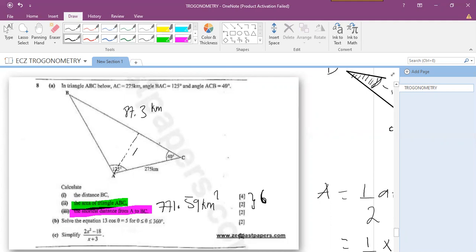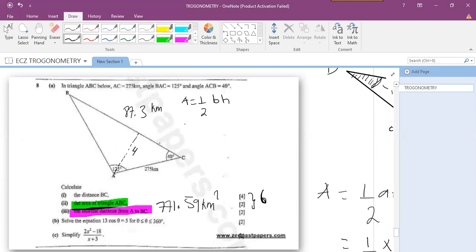So that becomes the height. What formula are you supposed to use every time they say shortest distance? Area is half base times height. Excellent.